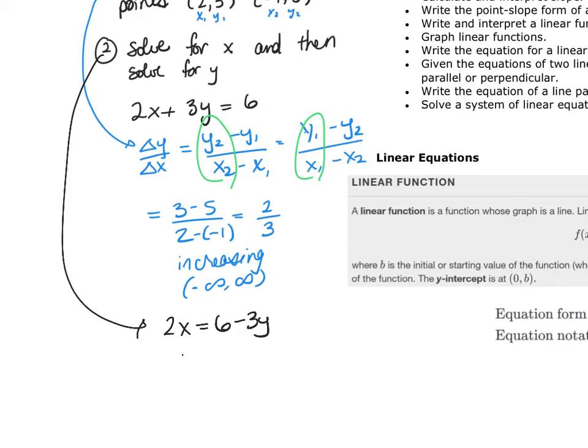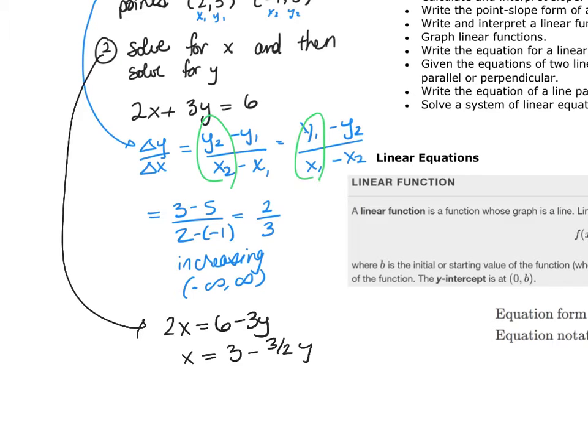I divide everything by 2, and I get x is equal to 3 minus 3 over 2 y. More often than not, we don't use that unless, of course, we are graphing by finding the x and y intercepts. If you were graphing by finding the x and y intercepts, this is perfectly legitimate to do. Or if you were finding inverses, this is also what you would do.